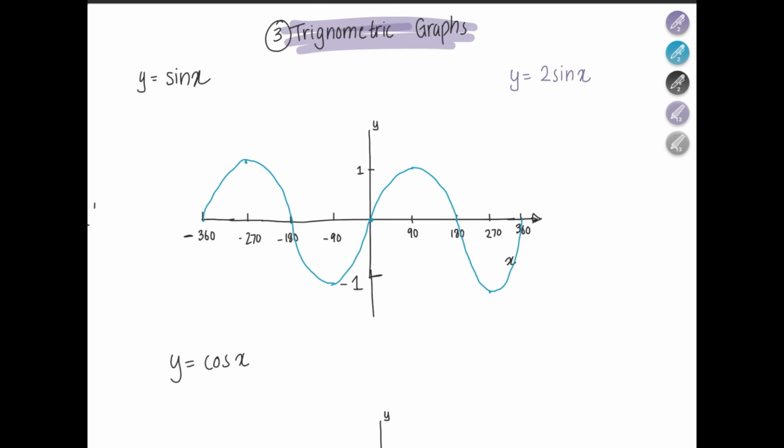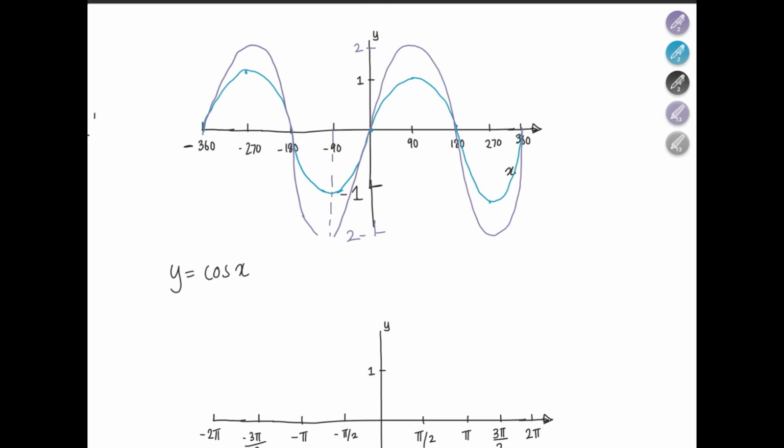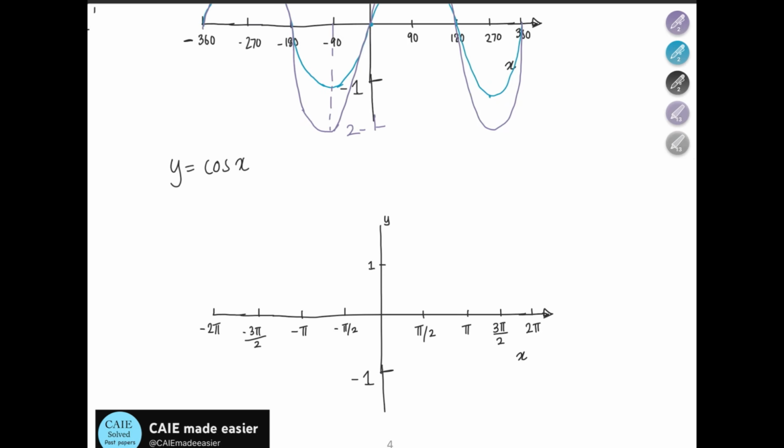What will you do? You will write 2 there and negative 2. The graph will be exactly the same, except that the highest number would be 2, and then negative 2. The negative side is also the same. Yeah, something like this.